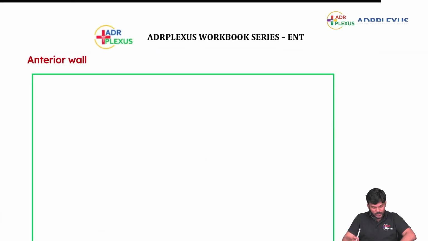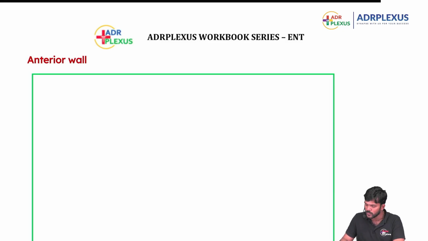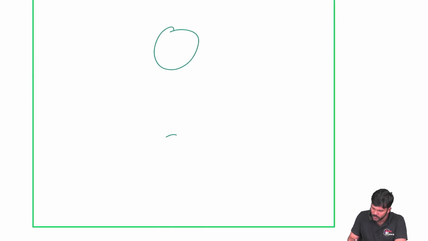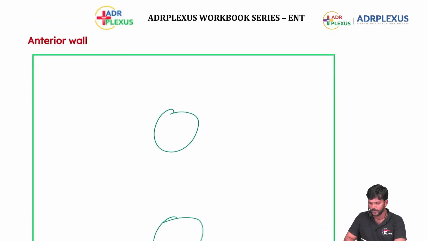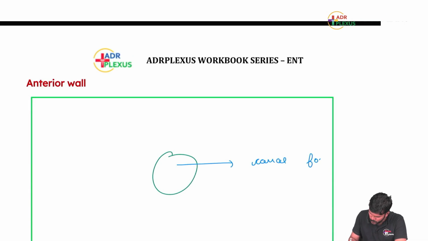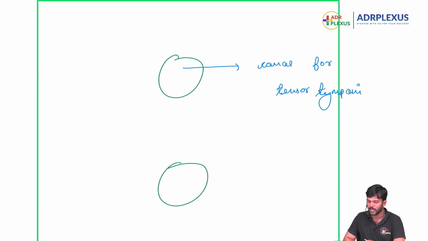Anterior wall of the middle ear. The anterior wall of the middle ear is full of canals. 1, 2, 3. The first canal is canal for tensor tympani muscle.